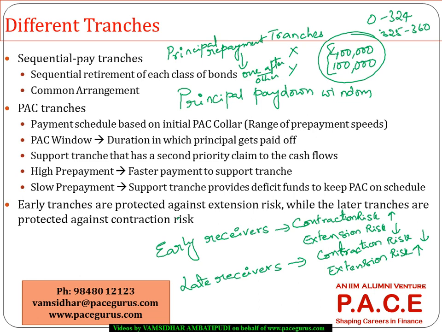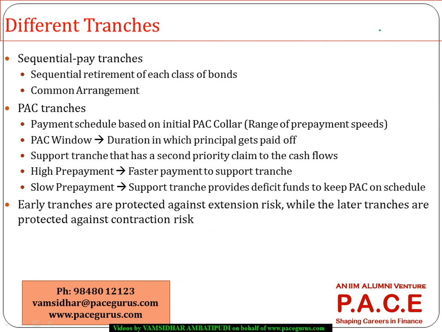In this case, sometimes there could be one more tranche after creating two or three sequential tranches like this. There could be one more tranche called the Z tranche, or sometimes people call it an accrual tranche, which does not even receive the principal and interest portions initially.